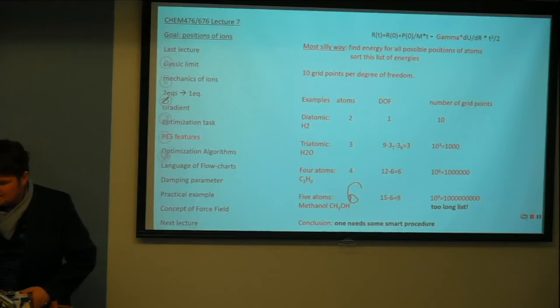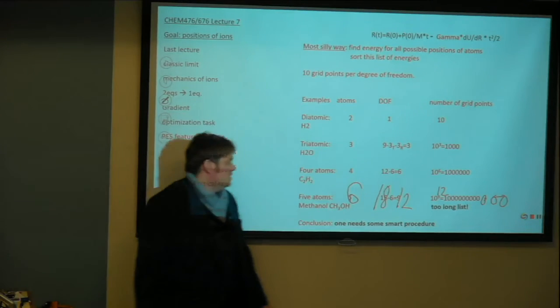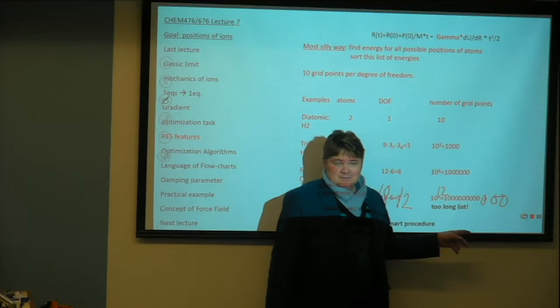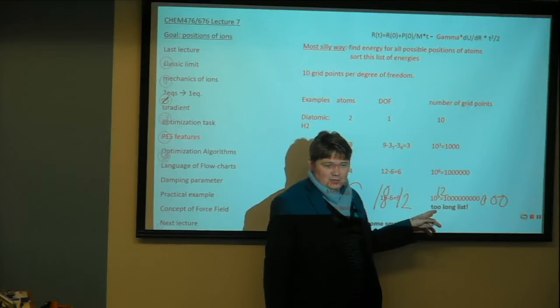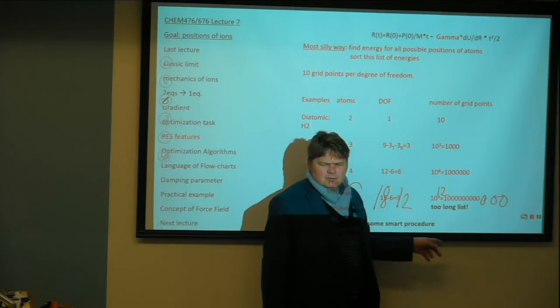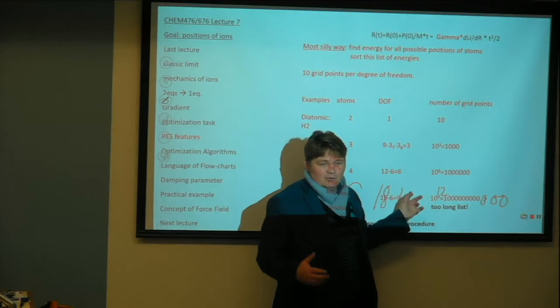So when there are so many points, it will be a little challenging. 10 to the 6 is a megabyte, 10 to the 9 a gigabyte, 10 to the 12 a terabyte. So we need a terabyte only for this one thing.